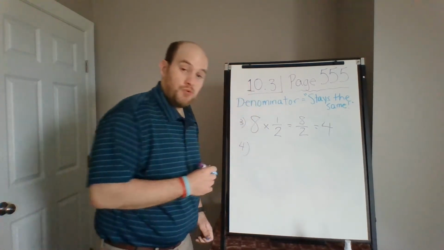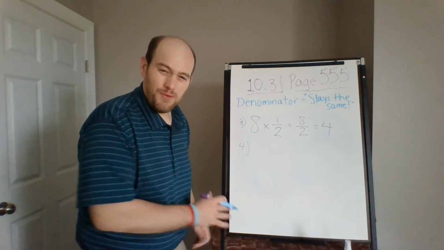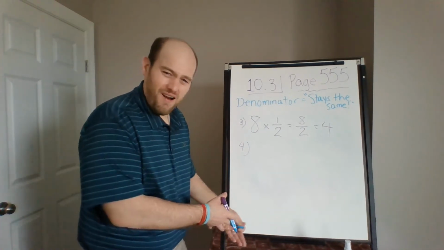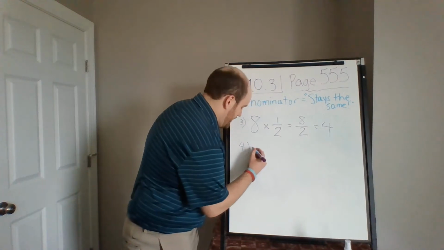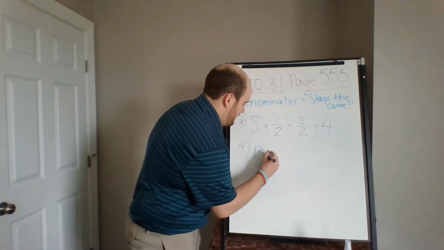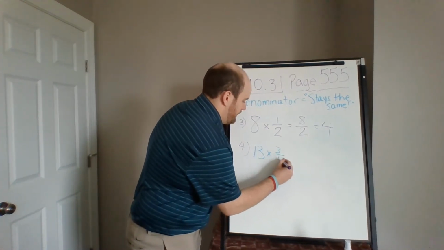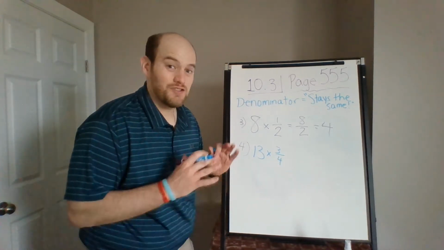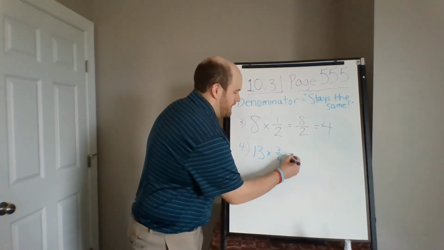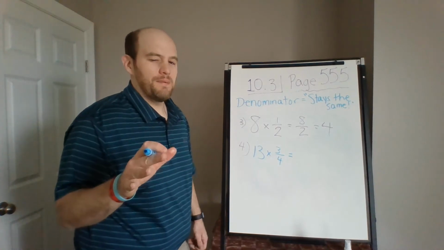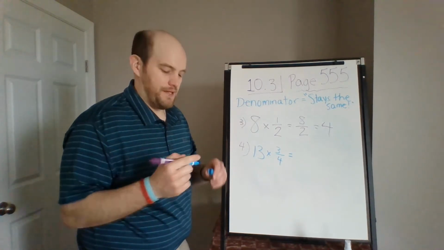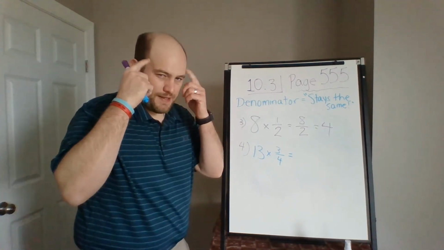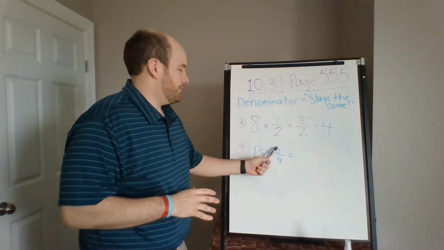It is, ooh, tricky. What are they doing to us here? This one's hard. All right. We have 13 times 3 over 4. Oh my, that's crazy. All right, those are big numbers. You're going to be able to solve it. All right, let's think a little bit. All right, let's put our brains to work. All right, 3 times 13.